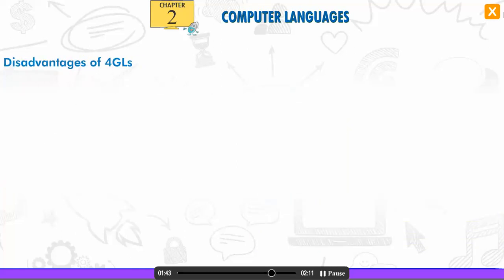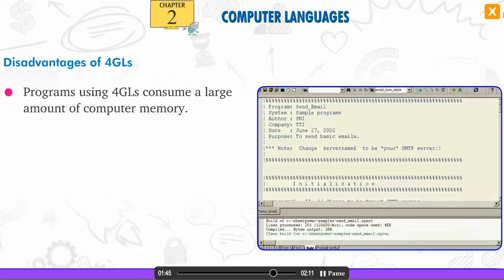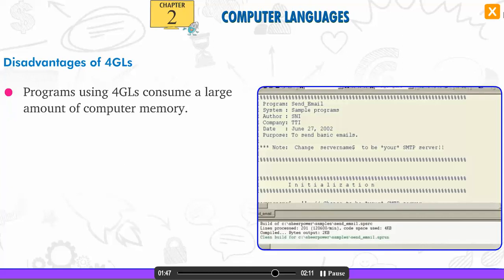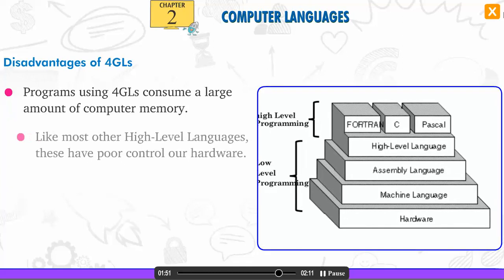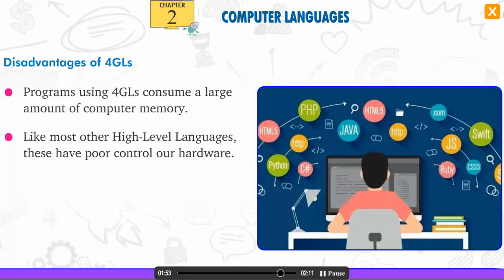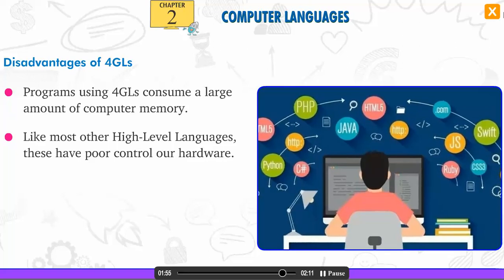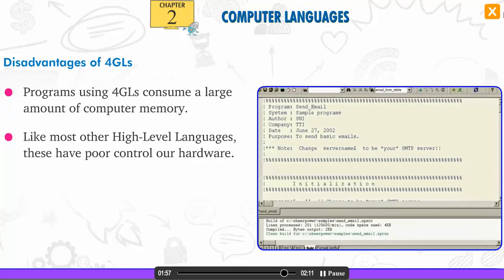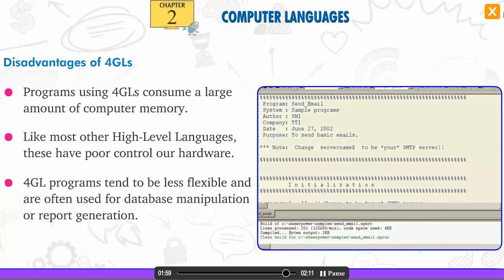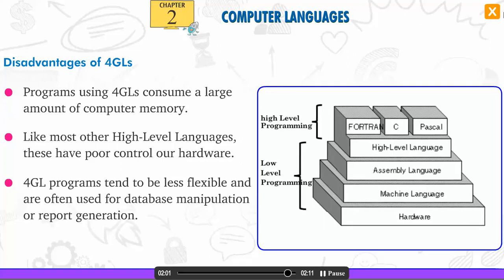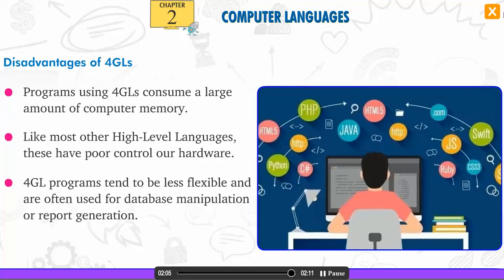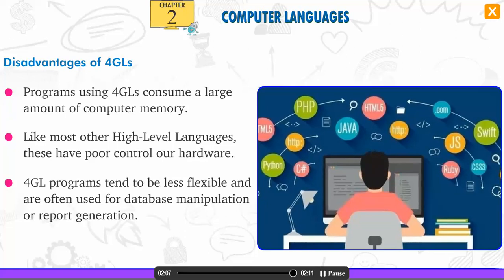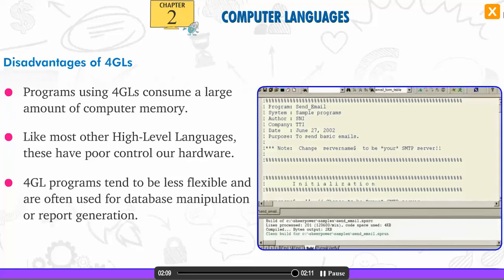Disadvantages of 4GLs: Programs using 4GLs consume a large amount of computer memory. Like most other high-level languages, these have poor control over hardware. 4GL programs tend to be less flexible and are often used for database manipulation or report generation.